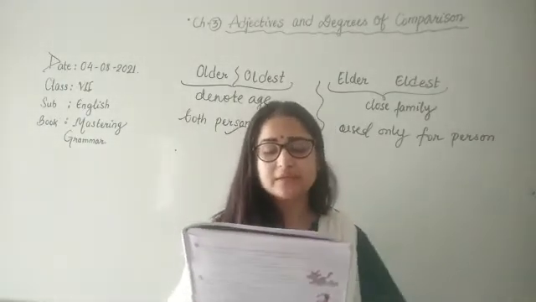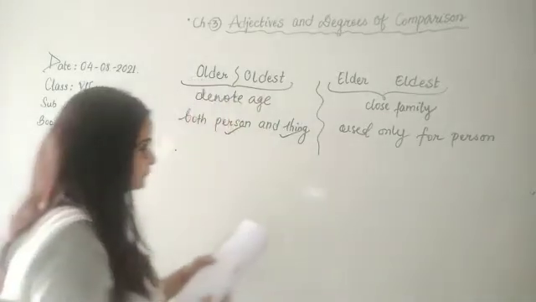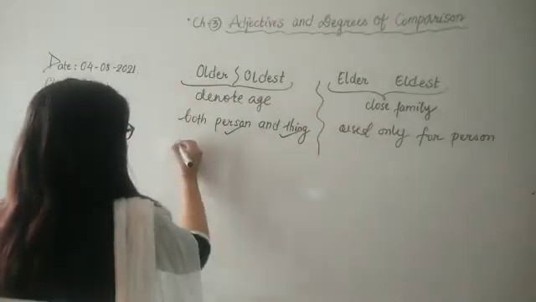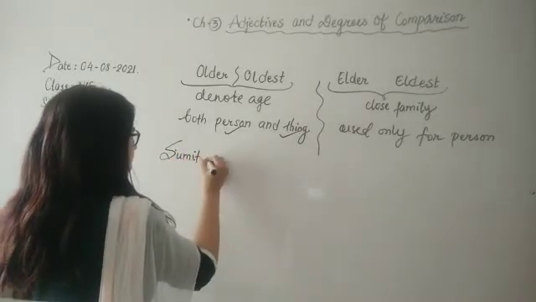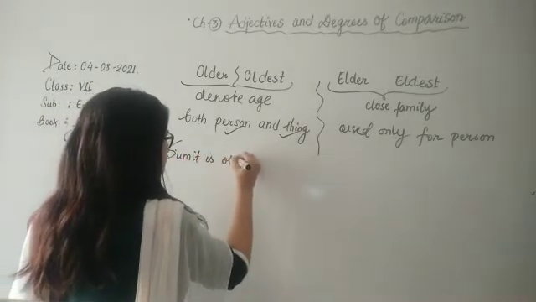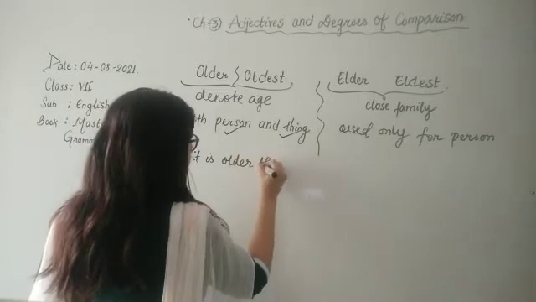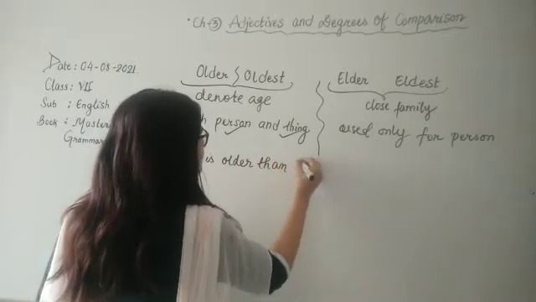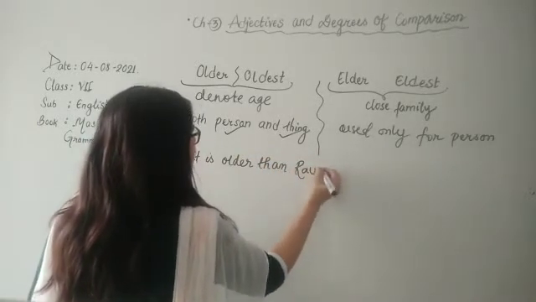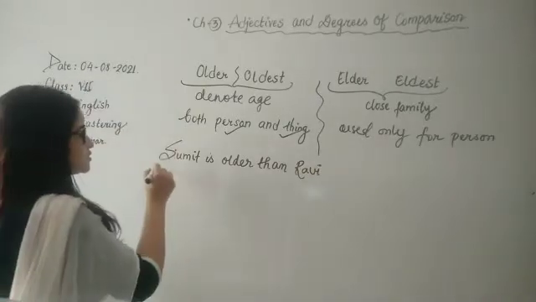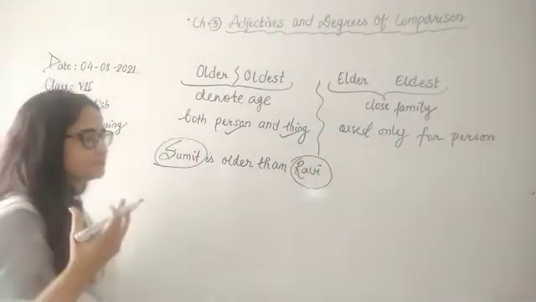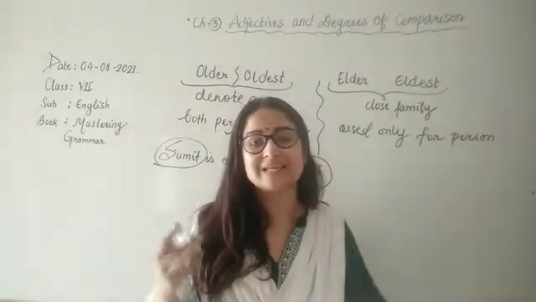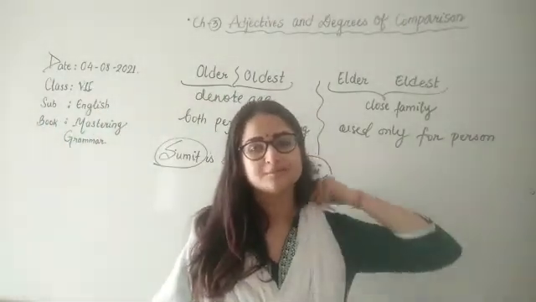Now let us look at some examples. Sumit is older than Ravi. Here we are talking about age, and Sumit and Ravi may not be family members.